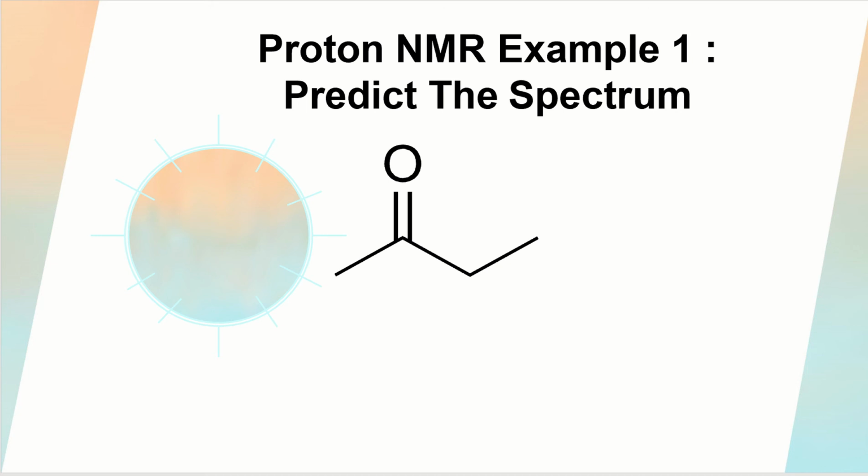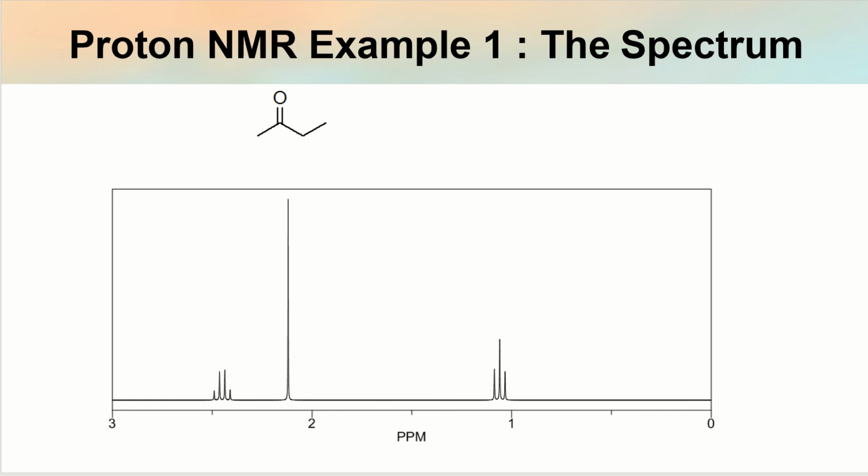So your knowledge of how electronegative groups influence the chemical shift, and your knowledge of the table of chemical shifts should help you to predict a spectrum like this. All right, so let's work through this, right? And also I didn't mention the multiplicity, so that's an important factor as well, right?